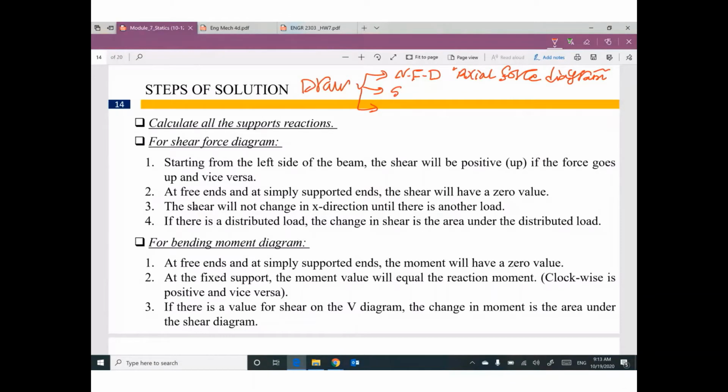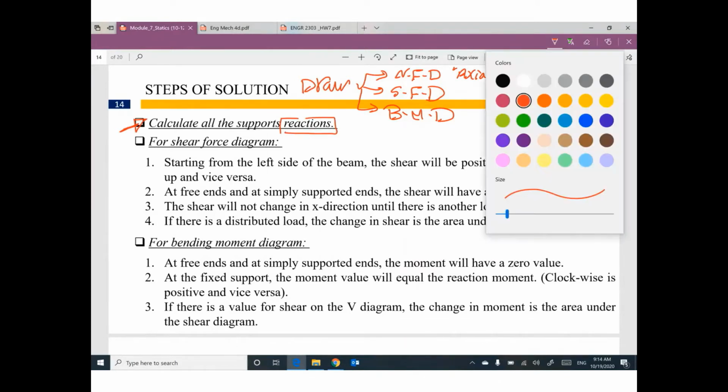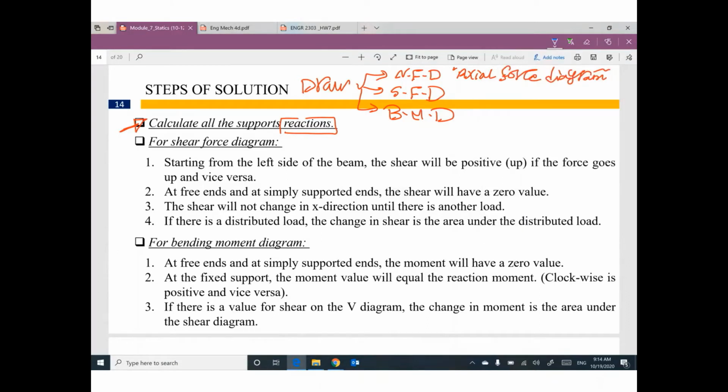The third one called bending moment diagram. First step, you have to calculate reactions. Without reactions, you cannot solve the problem. If your reactions are wrong, everything will be wrong. So first step, calculate reactions.